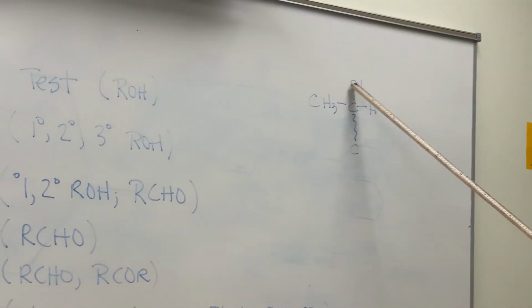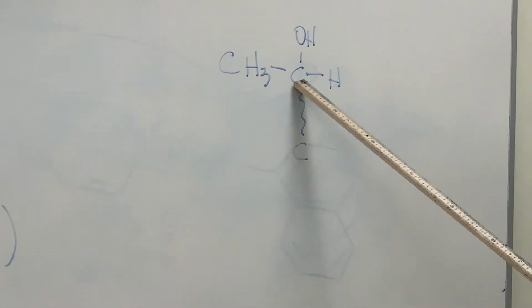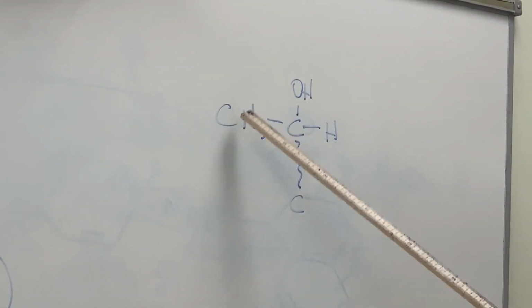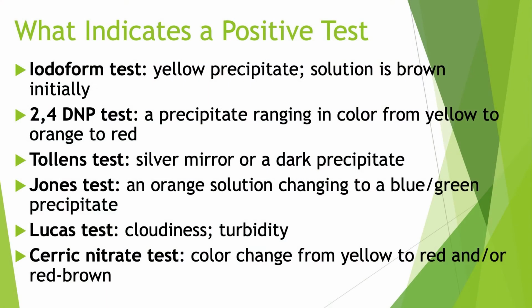We've got a carbon bonded to the OH, and that carbon's bonded to 2 other carbons. If one of those carbons is a methyl group, then that would also give rise to a positive test. So for the iodoform test, you're looking for a yellow precipitate. The solution turns brown initially, but then the brown color typically disappears and you see a yellow precipitate.